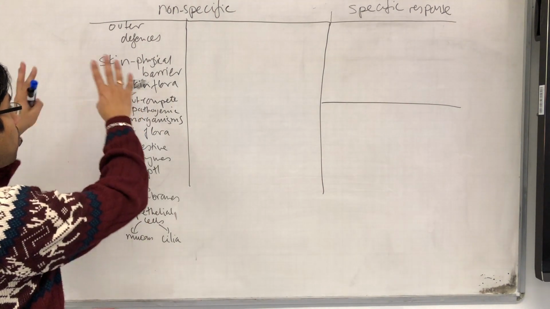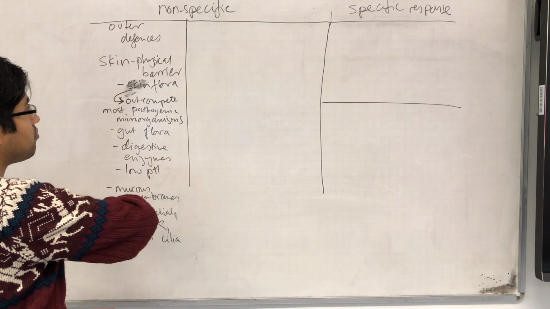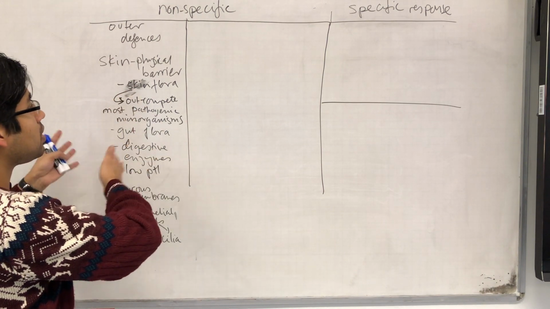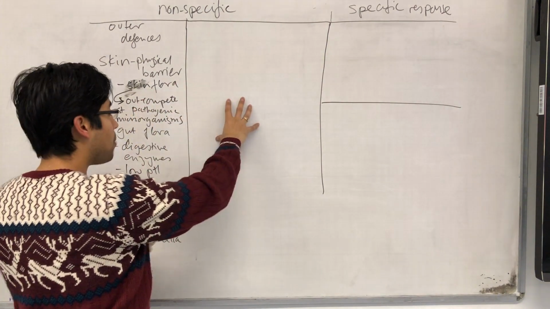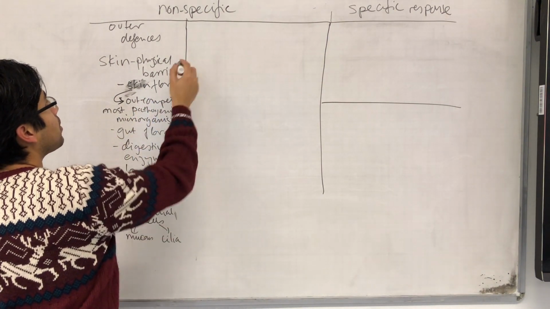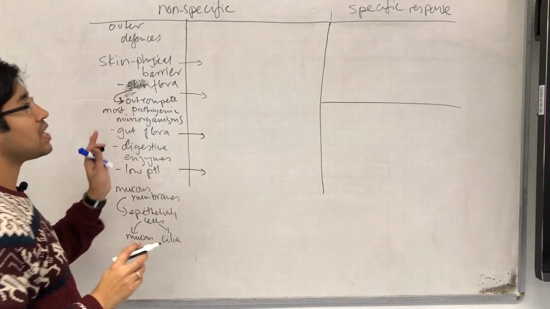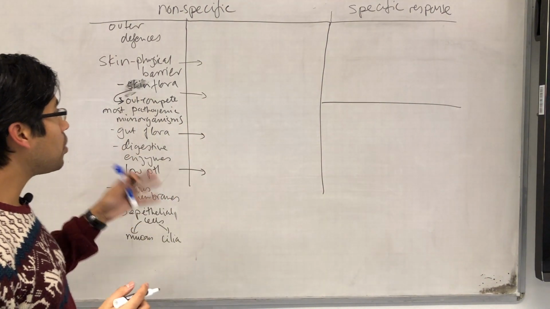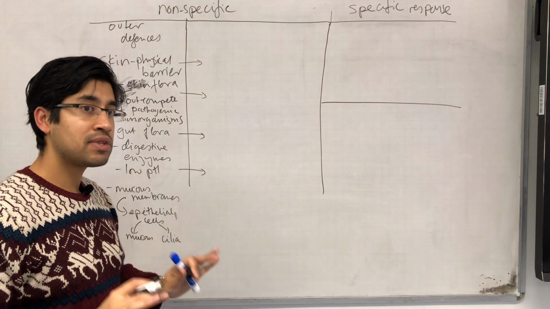Okay, so these are just some of the things that will prevent the entry of pathogens into the body, but some of them might get through. Some pathogens may find a way through, and in that case, what are the responses that could be made at still a non-specific level?